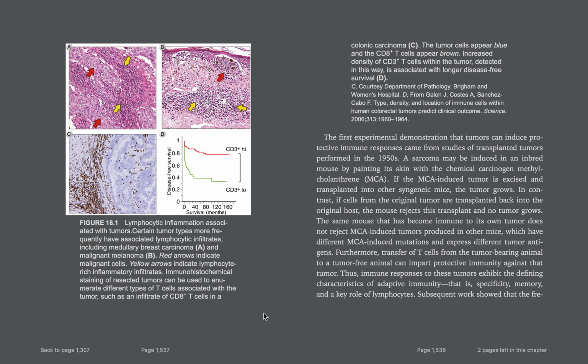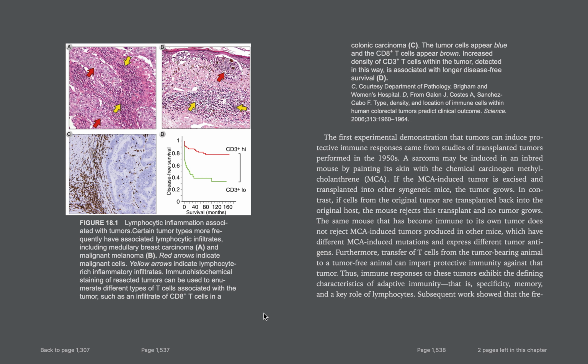The first experimental demonstration that tumors can induce protective immune response came from studies of transplanted tumors performed in the 1950s. A sarcoma may be induced in an inbred mouse by painting its skin with a chemical carcinogen, methylcholanthrene (MCA). If the MCA-induced tumor is excised and transplanted into other syngeneic mice, the tumor grows.